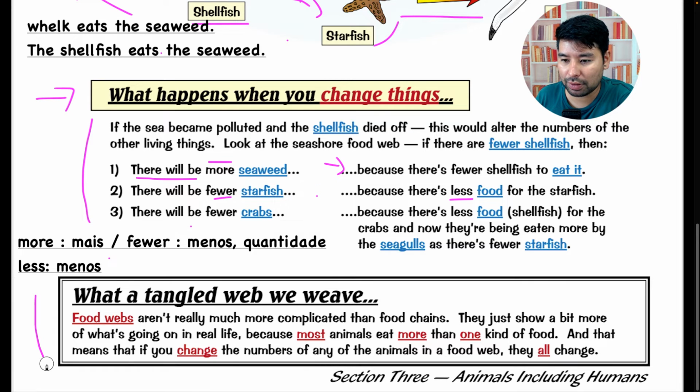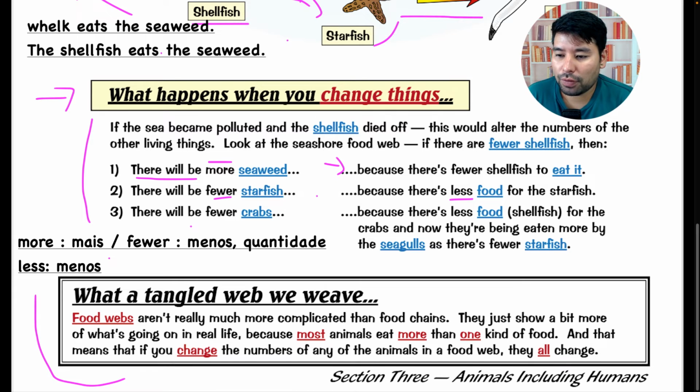Going down here to this last part, okay? What a tangled web we weave. Wow. What a tangled web we weave. So, I'm gonna read in English. I'm gonna give some few explanations in Portuguese and then we move on to the questionnaire, okay?